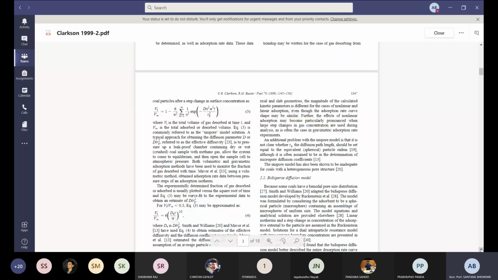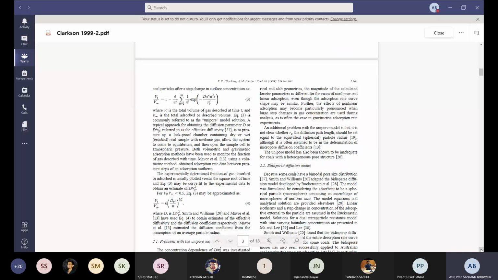But with this equation there are several advantages and disadvantages of this model. It is very simple to use, and it always gives you the first approximation. You can see that for Vt by V infinity less than 0.5, that means within half of the total equilibration uptake, the equation can be approximated by equation 4.